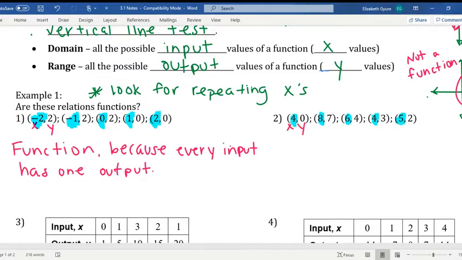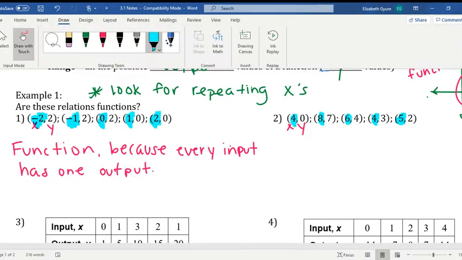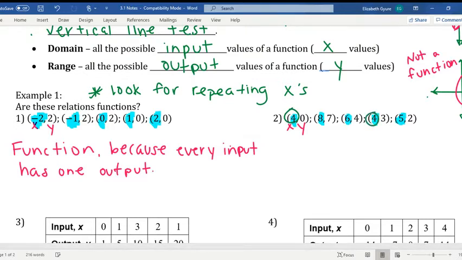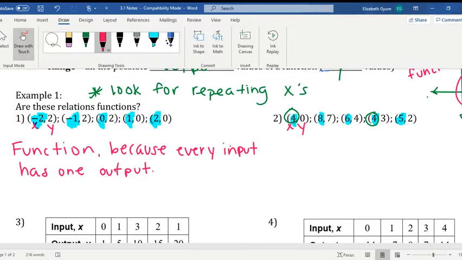In this one, do any of my x's repeat? Yeah, which one? The 4. Yeah, I have the same value here and there. Okay, so do I have repeating x's? Yeah. If I have repeating x's, can it be a function? No. So we're going to say for this one, not a function.